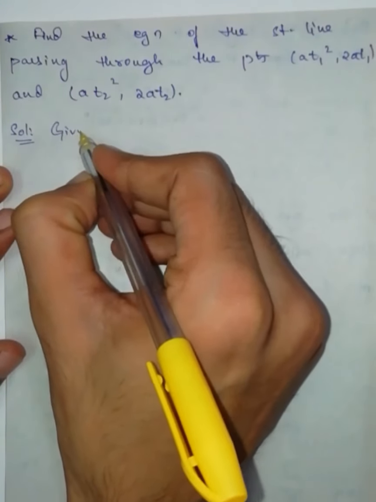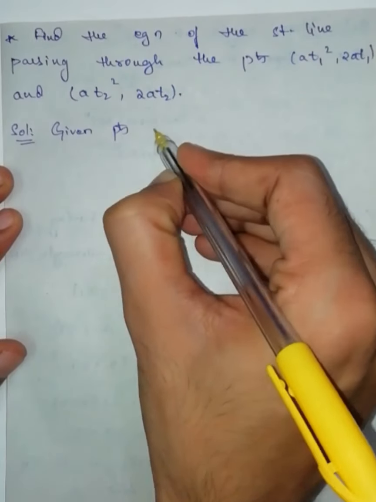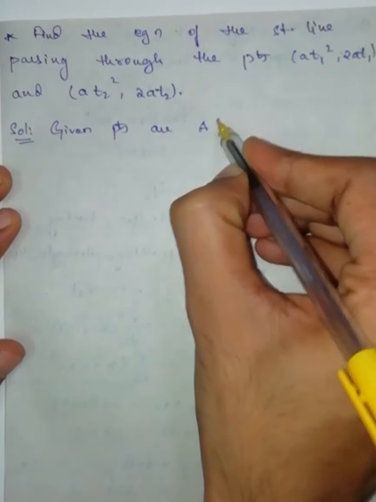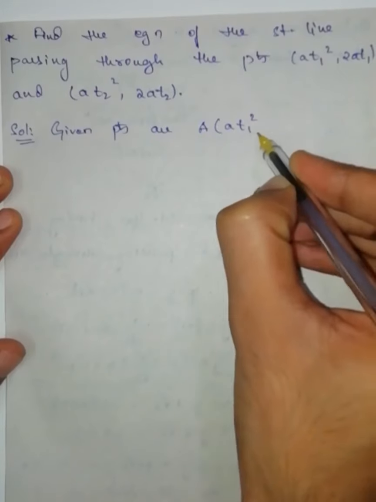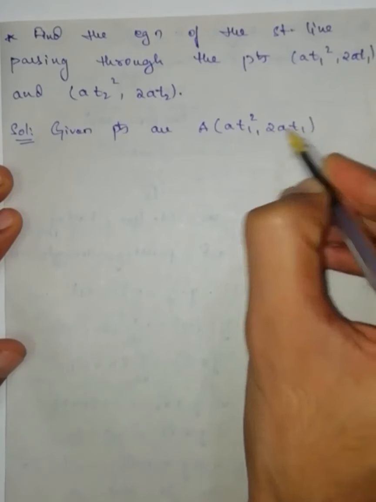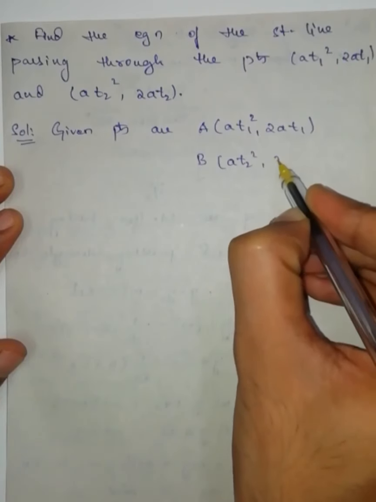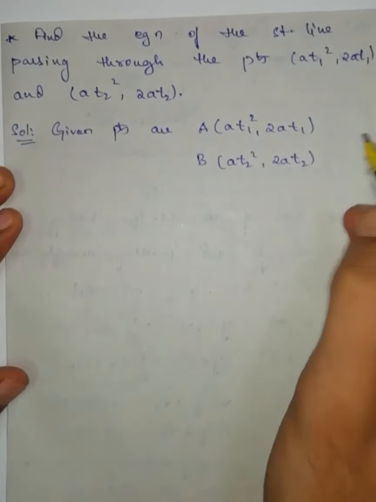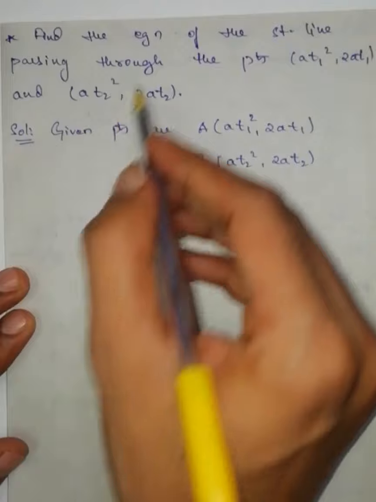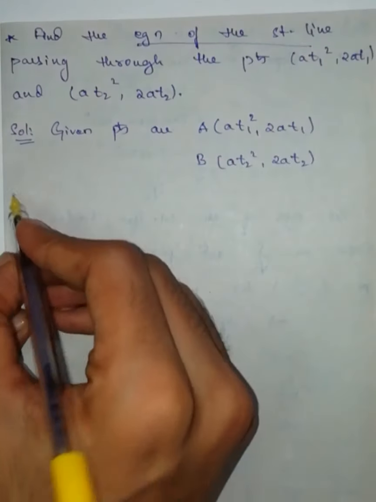Given points are a t1 square comma 2a t1, and the second point is B, a t2 square comma 2a t2. Now we have to find the equation of a straight line.